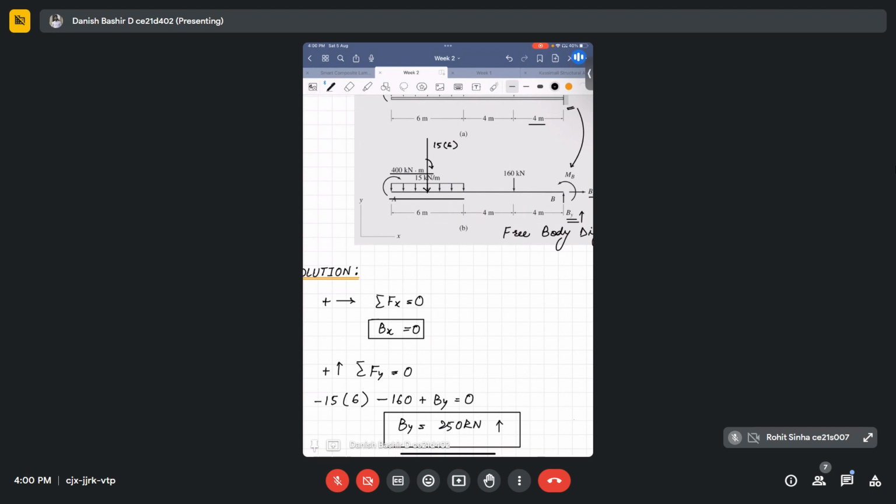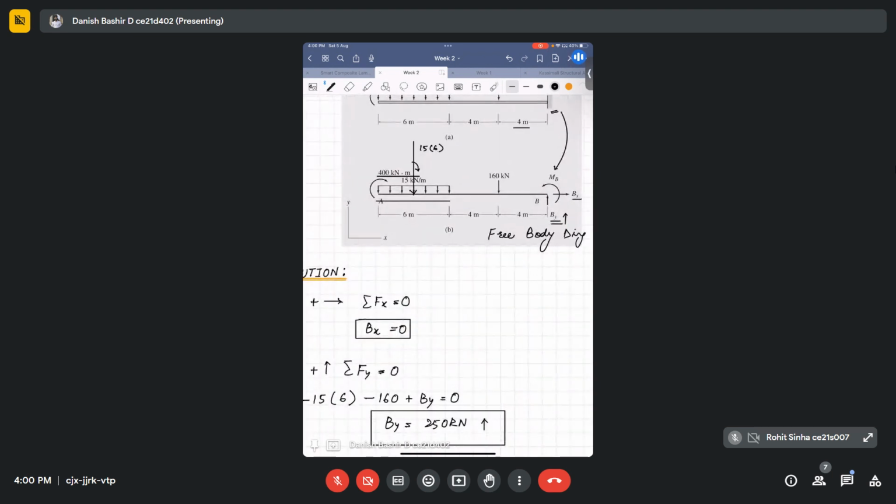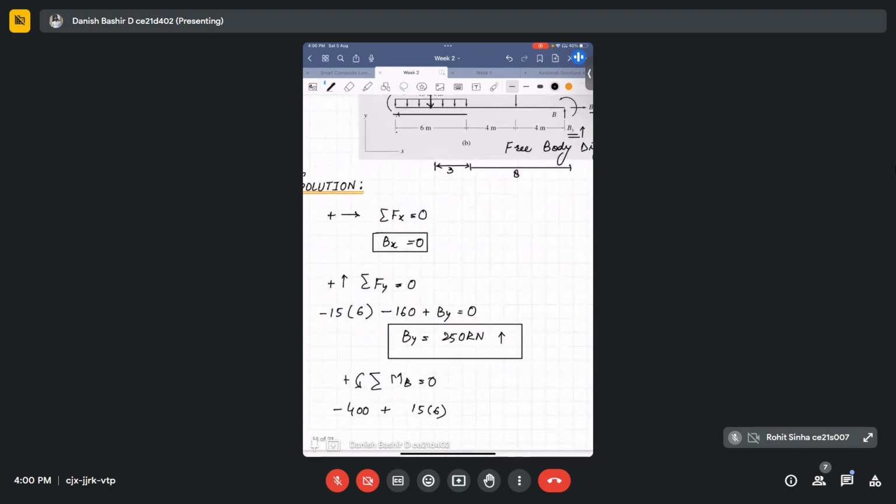Total is 8, 4 plus 4, and half of 6 is 3. It will act at the centroid, so this 15 into 6 has lever arm 3 plus 8.